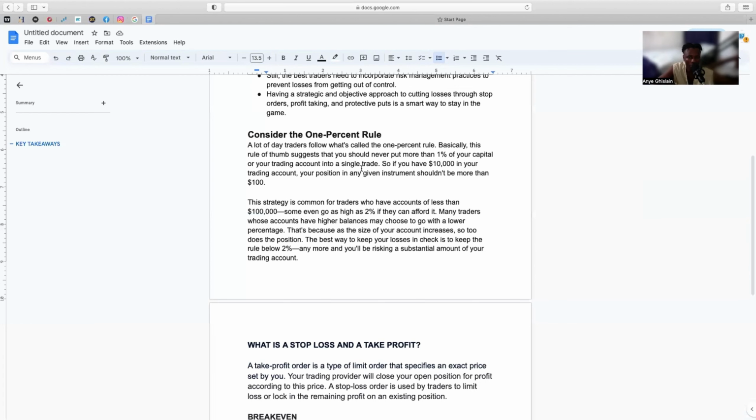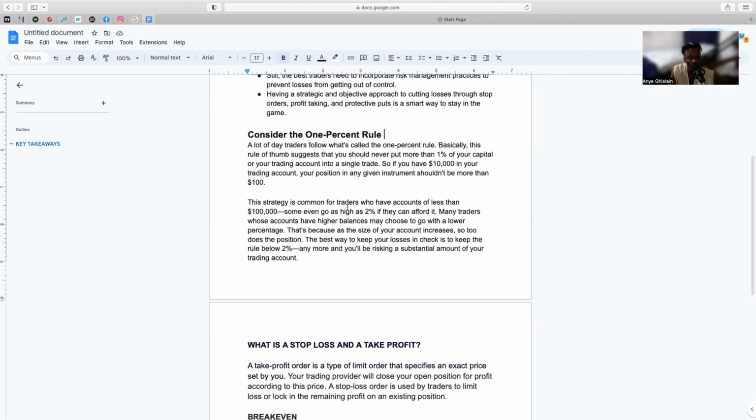You should never put more than 1% of your capital on a single trade. So if you have $10,000 in your trading account, your position in any given instrument shouldn't be more than $100. This $100 here is 1% of $10,000, right? Good. You should not risk more than 1%.